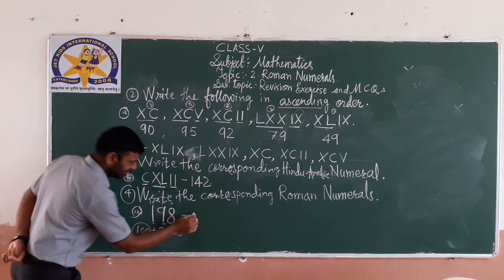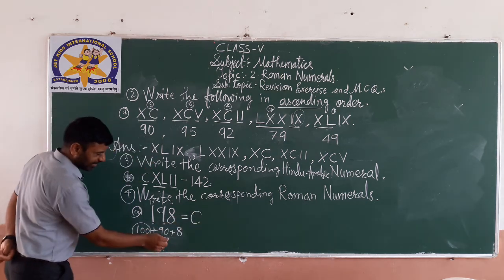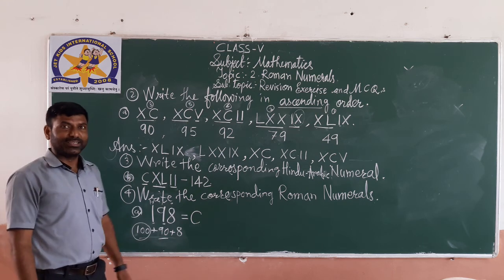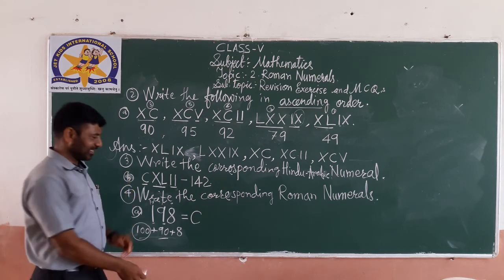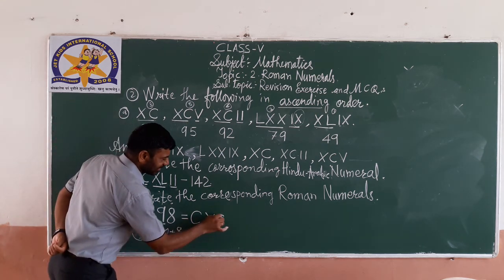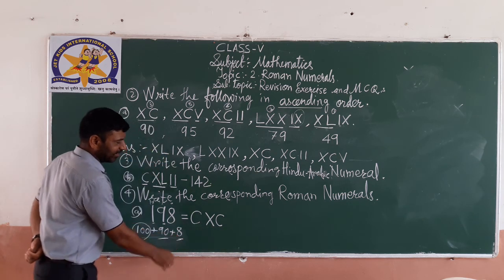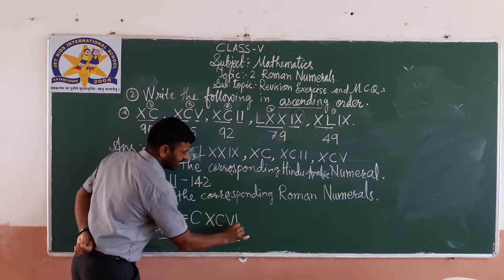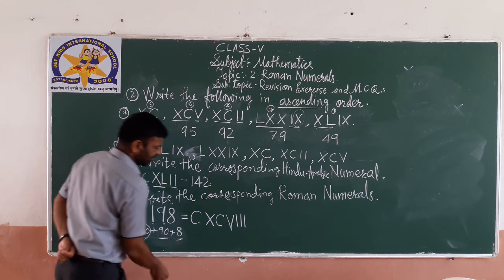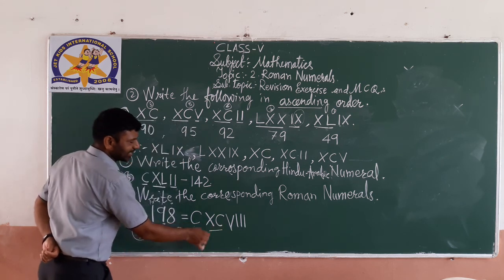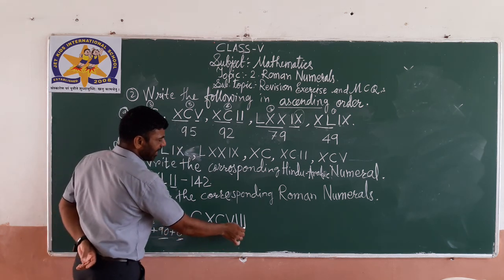Yes, C. 90, how are we writing 90? C minus X means XC. 90 and 8 is 5, 6, 7, 8, means CXCVIII.